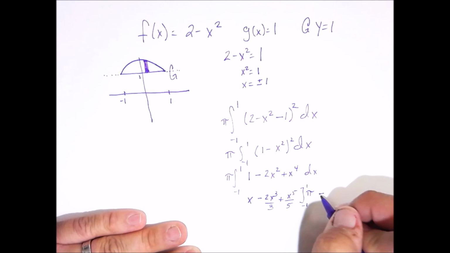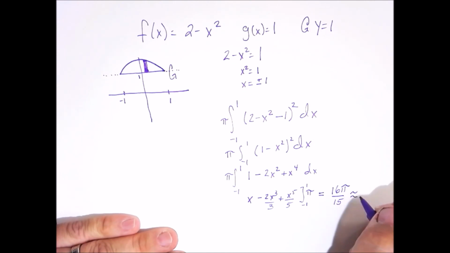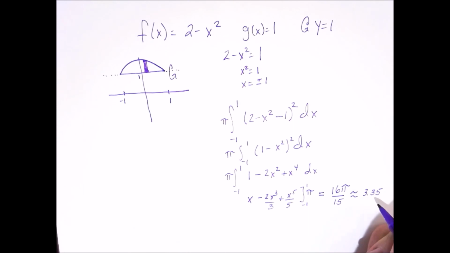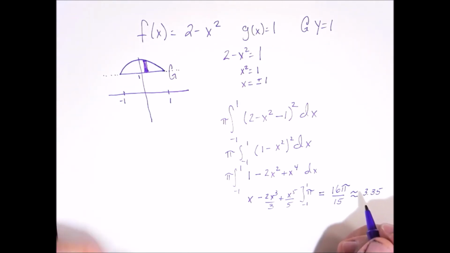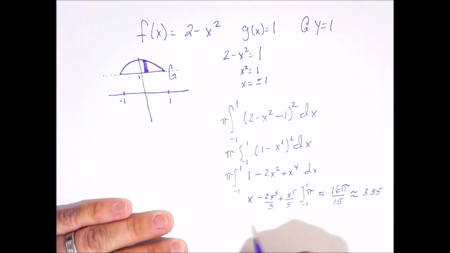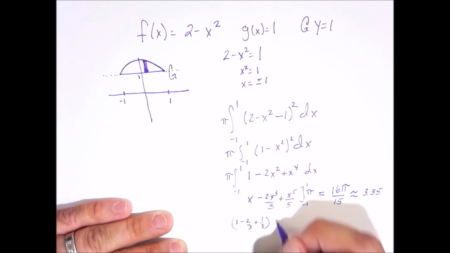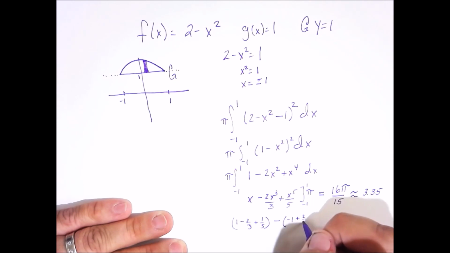Yeah. And I have it a different way, which is approximately 3.35. So basically you're going to get 1 minus 2/3 plus a fifth, minus negative 1 plus 2/3 minus 1/5, and then that should produce this answer.